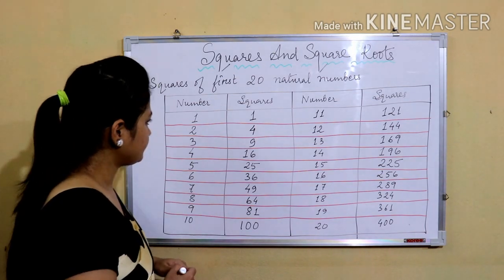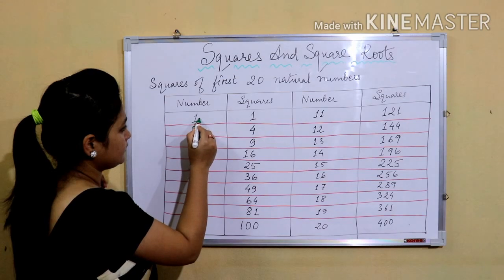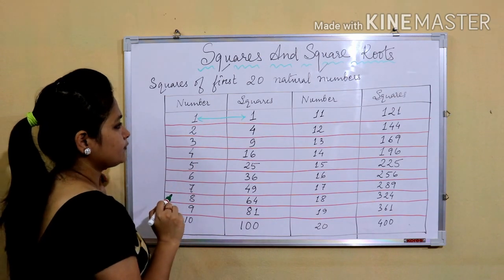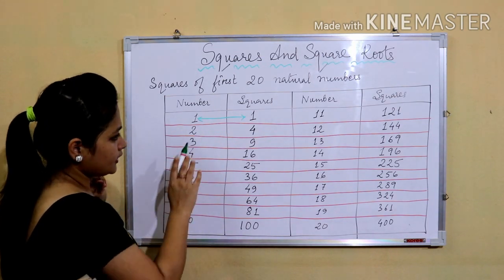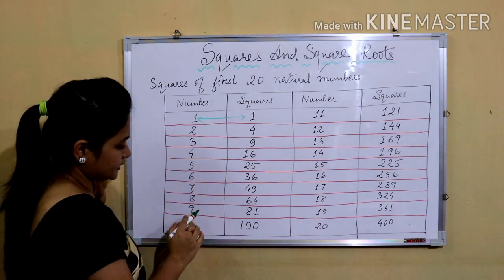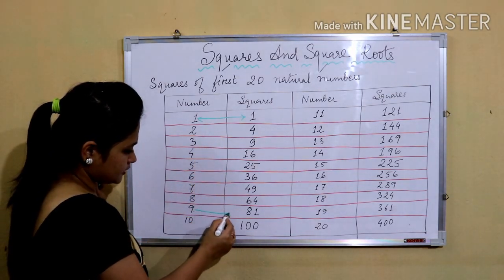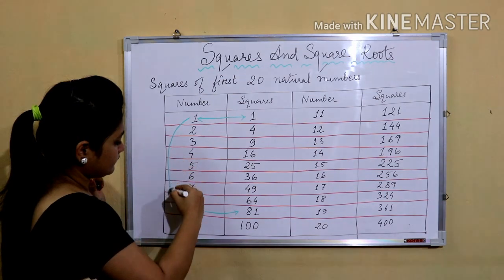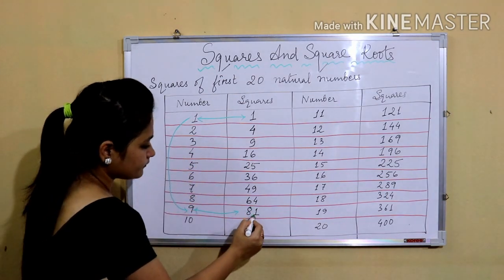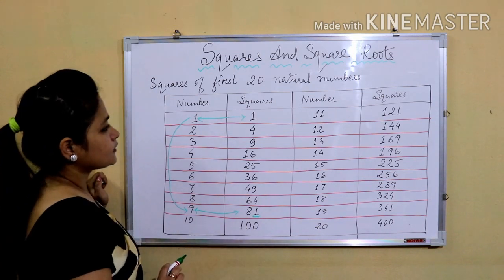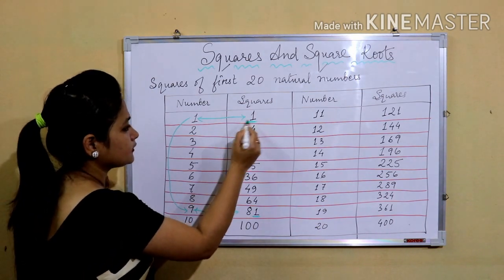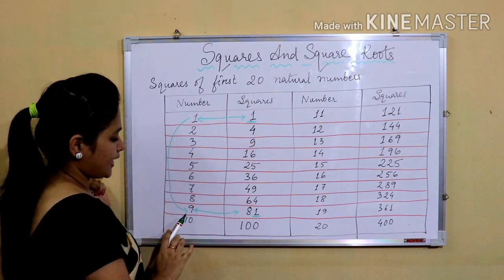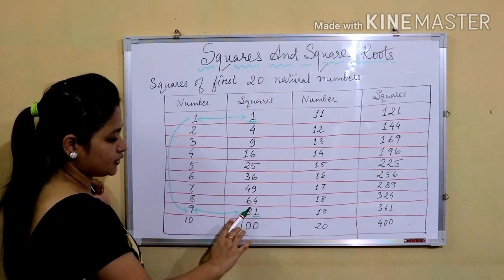Now, if you see, 1 multiplied with 1 gives us 1. Same way, you can see a number when multiplied with itself, the unit digit is 1. The digit 1 will give you 1, and 9 squared will give you 81.